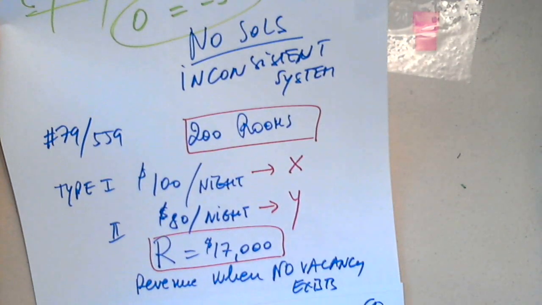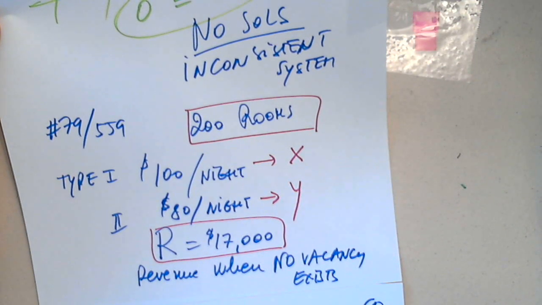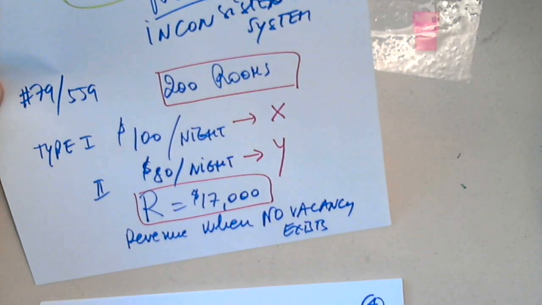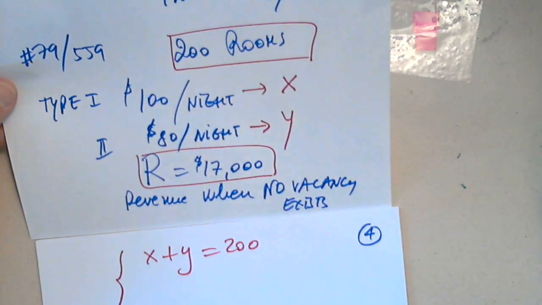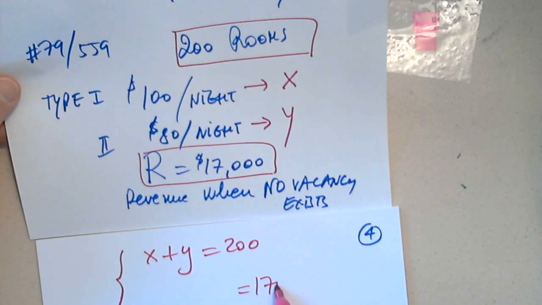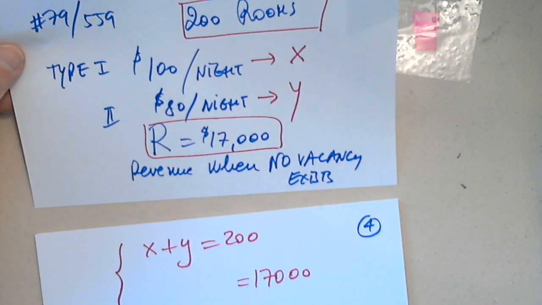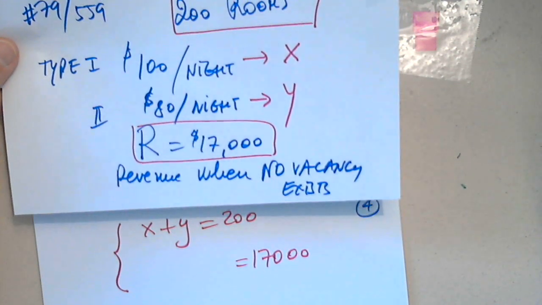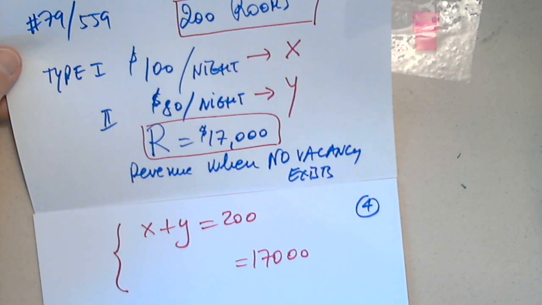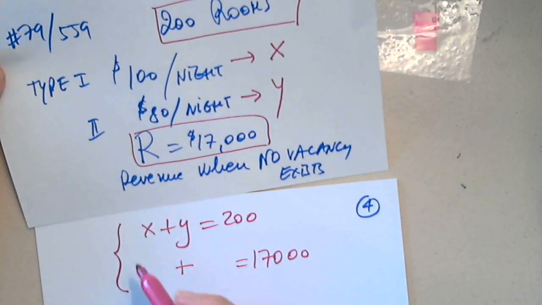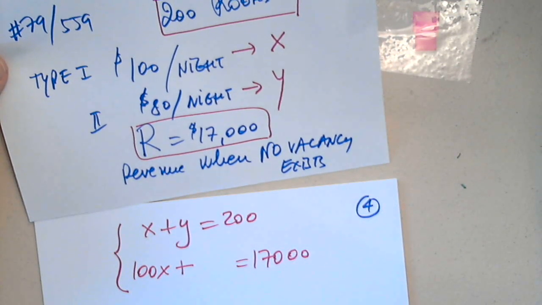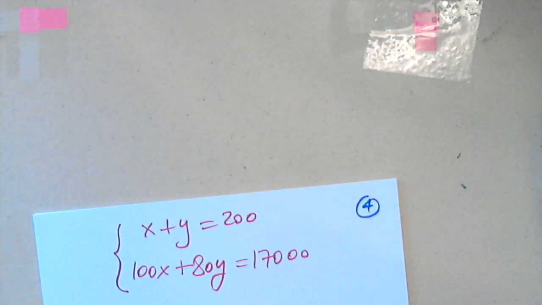Well, we do know that x plus y must equal 200. Of course, there is nothing else, that's all they have. And now let's talk in money terms. Would it be 100x plus 80y? Excellent, that's it.